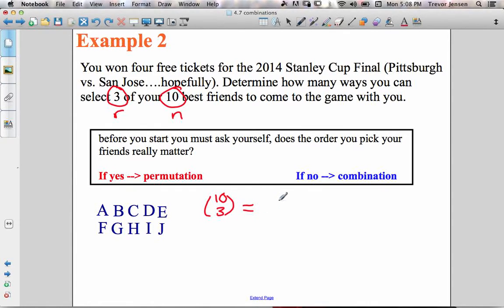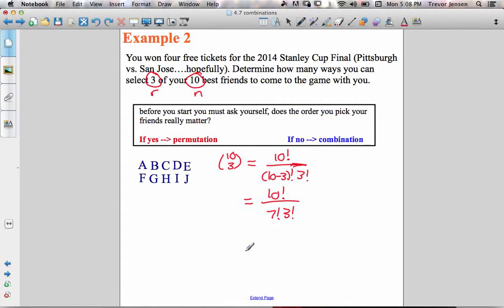The combination formula is n factorial, so 10 factorial, over n minus r factorial, so 10 minus 3 factorial, times r factorial, so times 3 factorial in the denominator. Let's simplify that. So that's 10 factorial over 7 factorial, 3 factorial. Now, if I expand out 10 factorial, that's 10 times 9 times 8 times 7, so on.